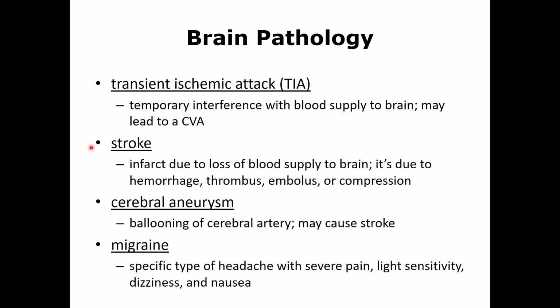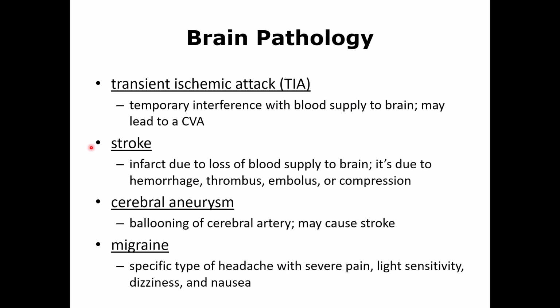The most common condition is thrombus formation or plaque formation in the arteries. Another one is an embolus, that is mobile, coming from the heart or somewhere else in the body, and stuck in the brain. Also, increased blood pressure can cause bleeding, and that will cause a stroke.